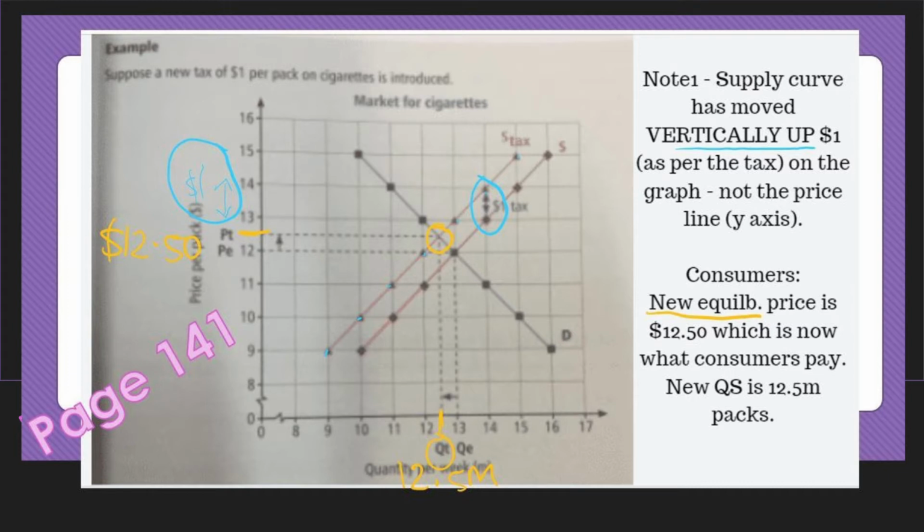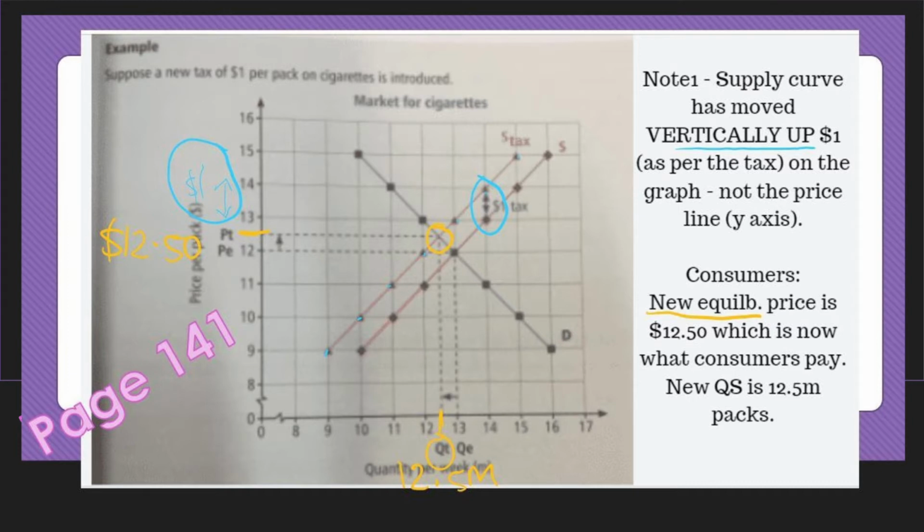Now when you move that supply curve, if you first look at the equilibrium point, we can see that the equilibrium point was originally at PE, which is $12 on our y-axis, and our equilibrium quantity was 13 down on the x-axis.